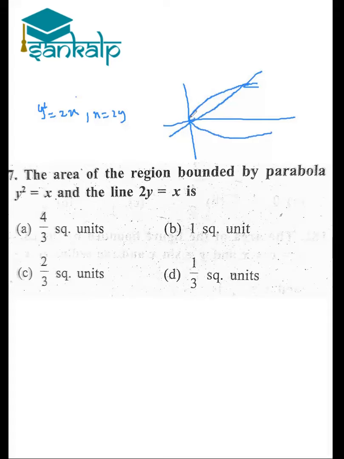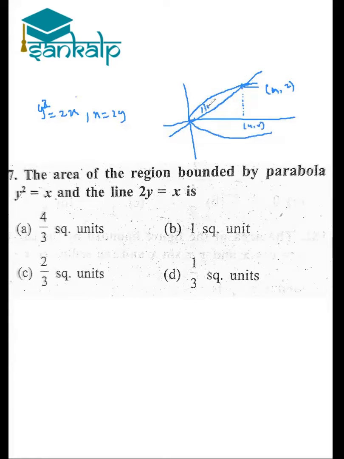So one of the points of intersection is 0, 0. Another, when we solve these equations, x is equal to 2y and y square is equal to 2x, we get the point of intersection as 4, 2. The other point of intersection will be 4, 2, and on x-axis the point will be 4, 0.